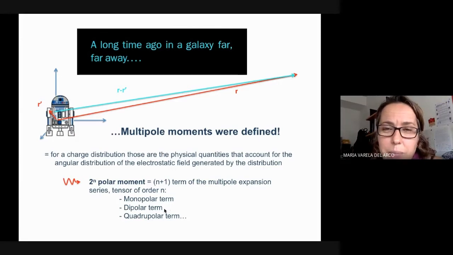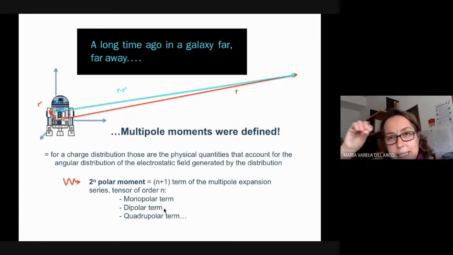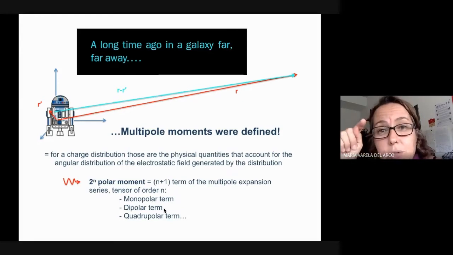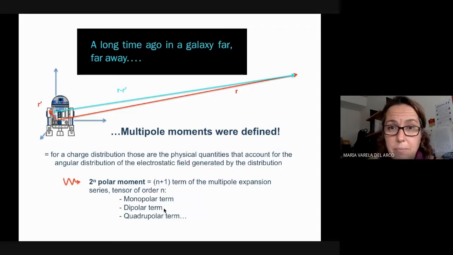What we are going to see in this expansion is that every term is going to have an r down there at the denominator, elevated to some exponent, which is going to be first number 1, then number 2, then number 3. So these terms are going to be tinier and tinier as r tends to infinity. This is why we can truncate at some point, and we'll see how to do this, okay?